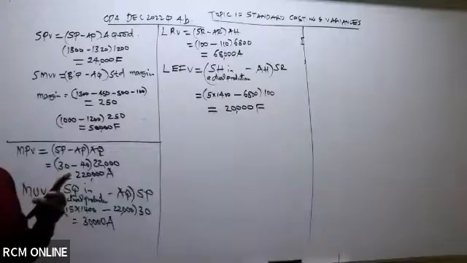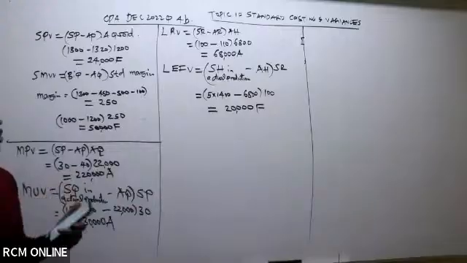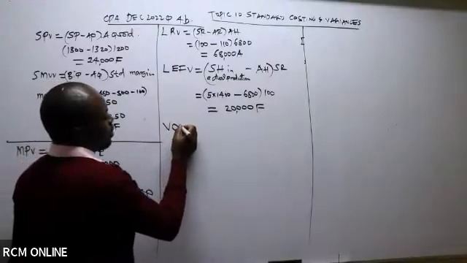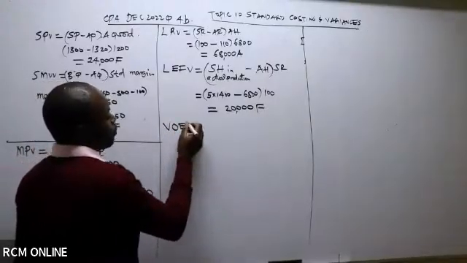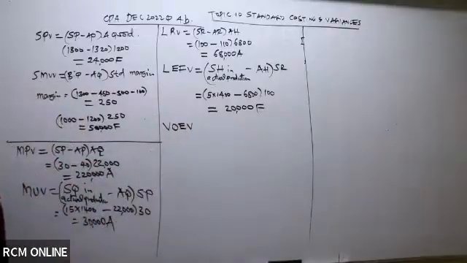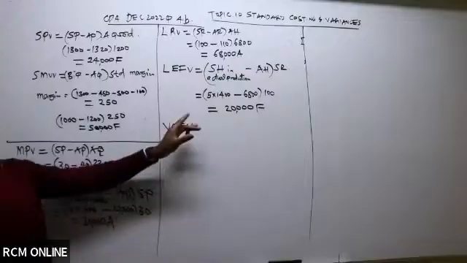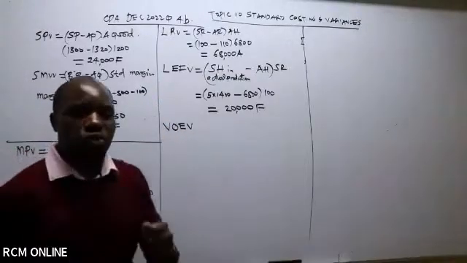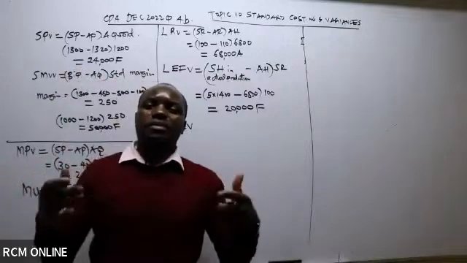We have everything with us, so we can go ahead and do it. Variable overhead expenditure variance. We don't talk about variable overhead rate variance, but variable overhead expenditure, because it is arrived at by looking at the absorption rate. Variable overheads absorbed.